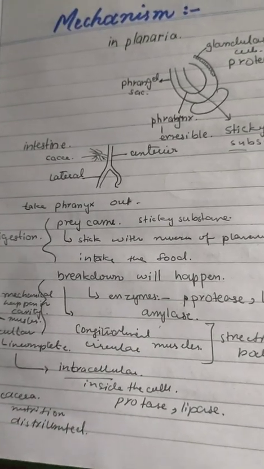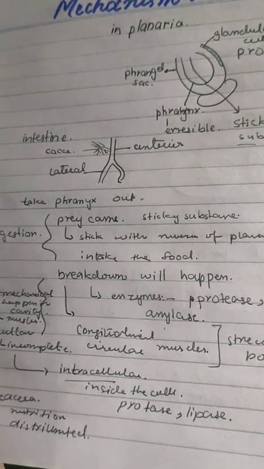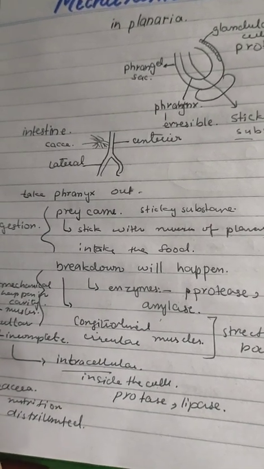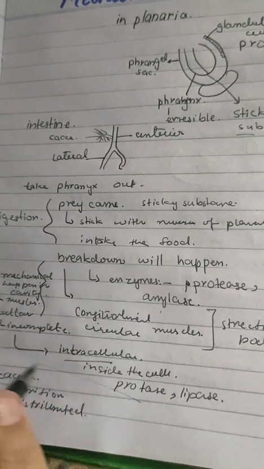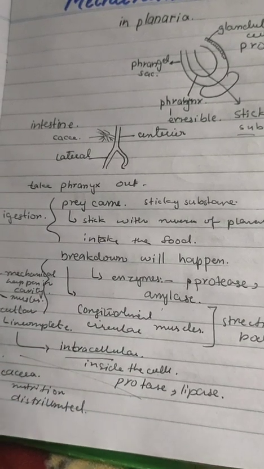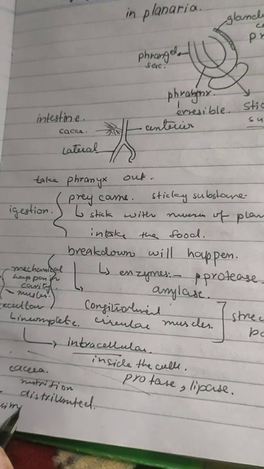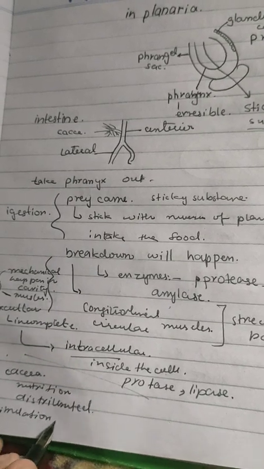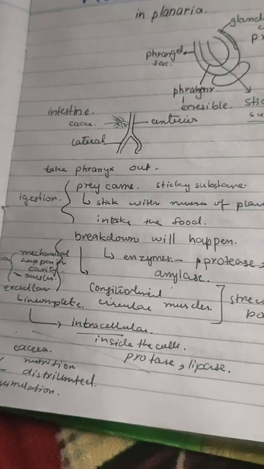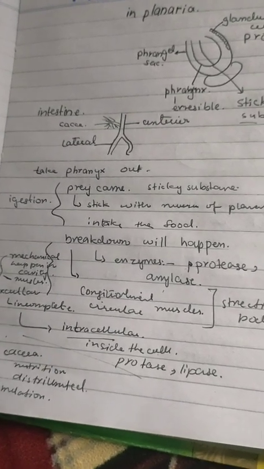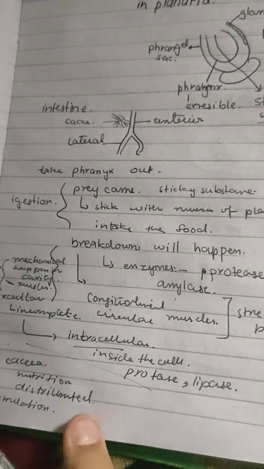So intracellular digestion is also included. Now here we have assimilation. All the nutrients will be distributed all around, some to the cell, some inside the cell, outside, each and every.